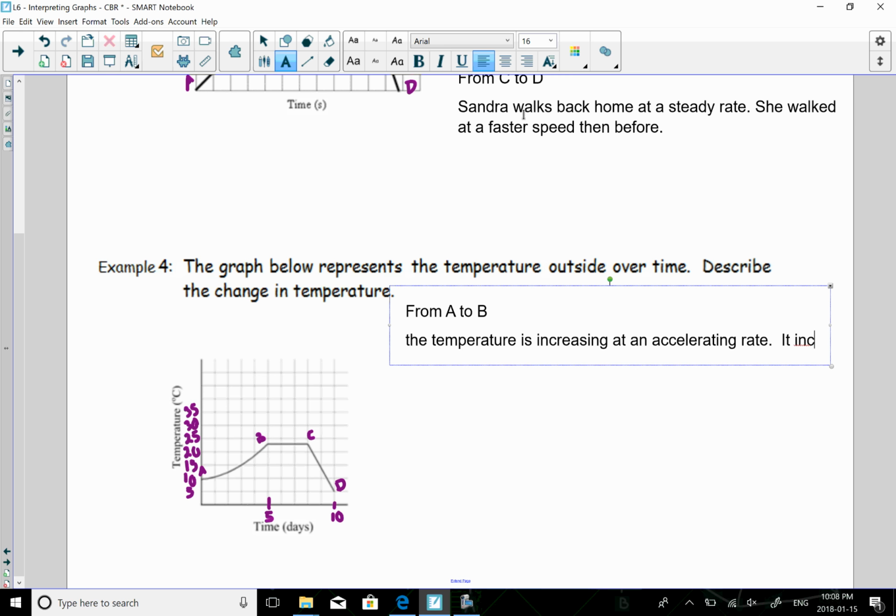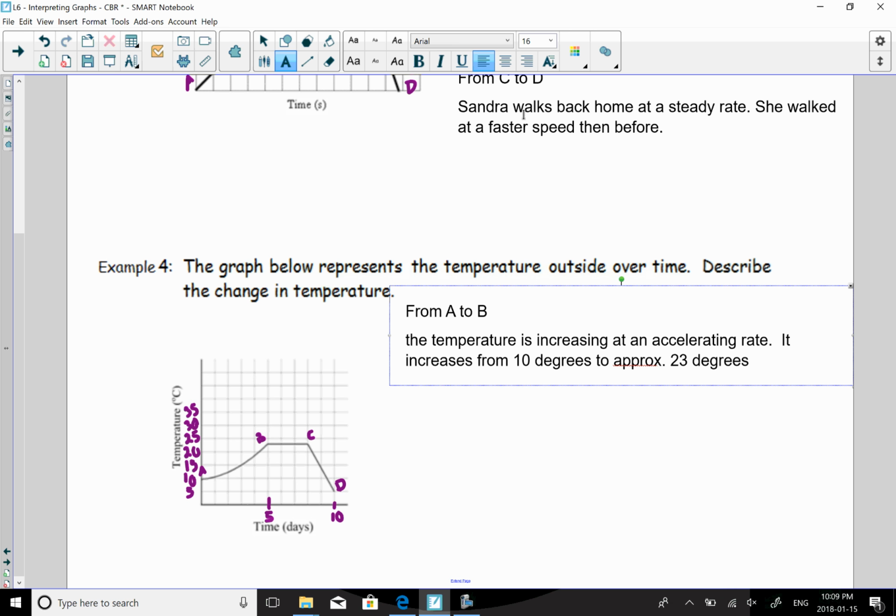It increases. So when you have units, you have to use them, from 10 degrees to approximately 23 degrees. And it takes 5 days.